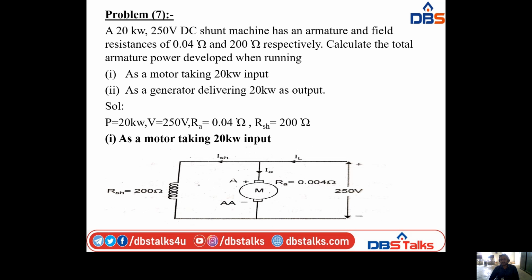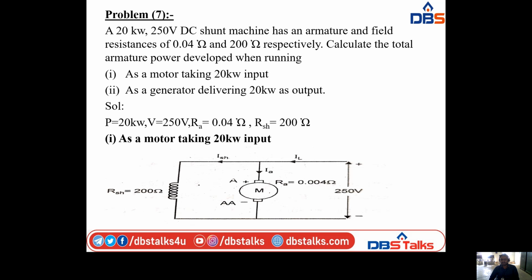Calculate the total armature power developed when running as a motor taking 20 kilowatts input. This is the first case. And the second case, as a generator delivering 20 kilowatts as output. For both the cases we have to calculate the total armature power.